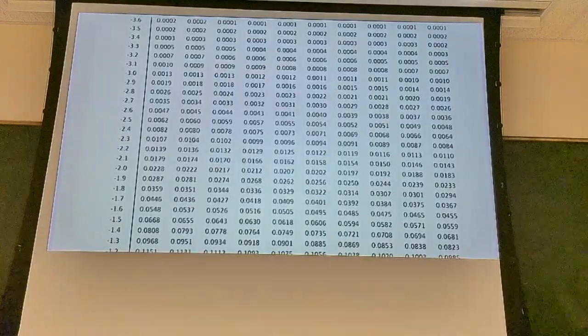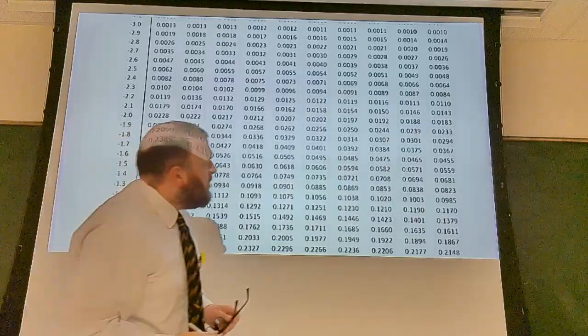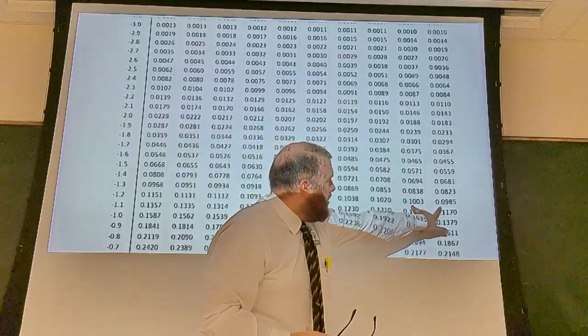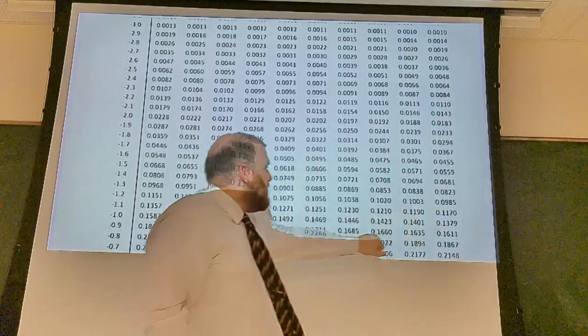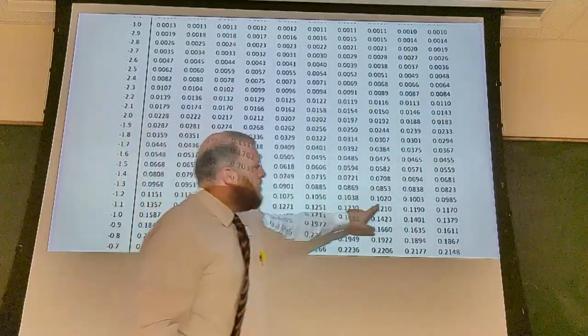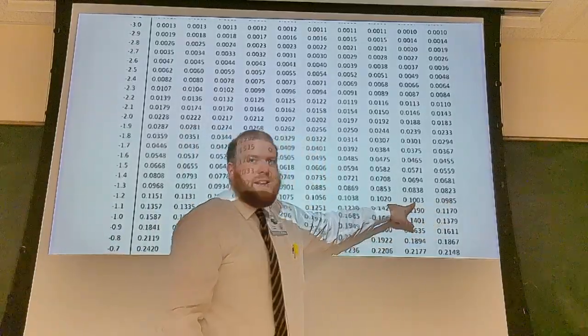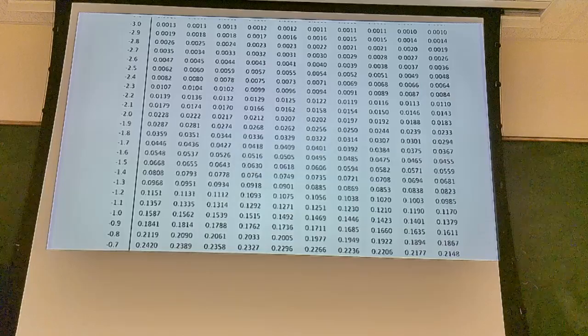And I can clearly see it. It's going to be somewhere between here, right? What is that? That is negative 1.2. That'll be what, 9 and 8? So negative 1.28 and negative 1.29, somewhere there.